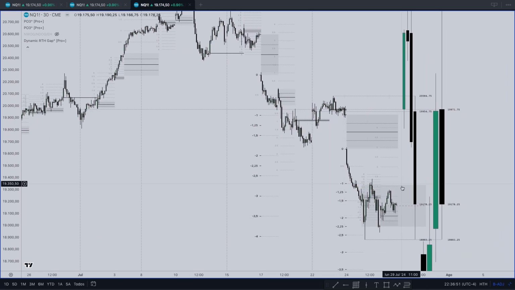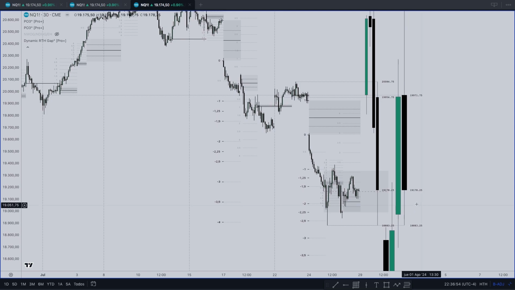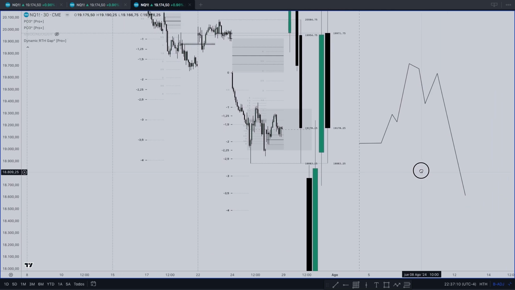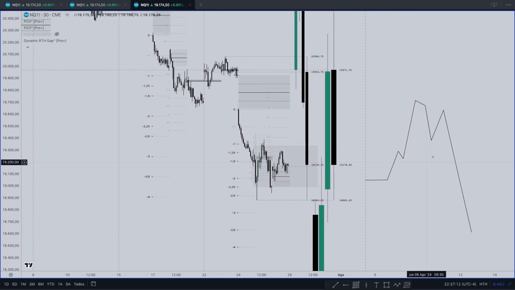But if we are going to move lower, imagine the power of three candle formation. This is the opening. We move higher, we could retest these gaps and then keep pushing lower. This could be a scenario also.